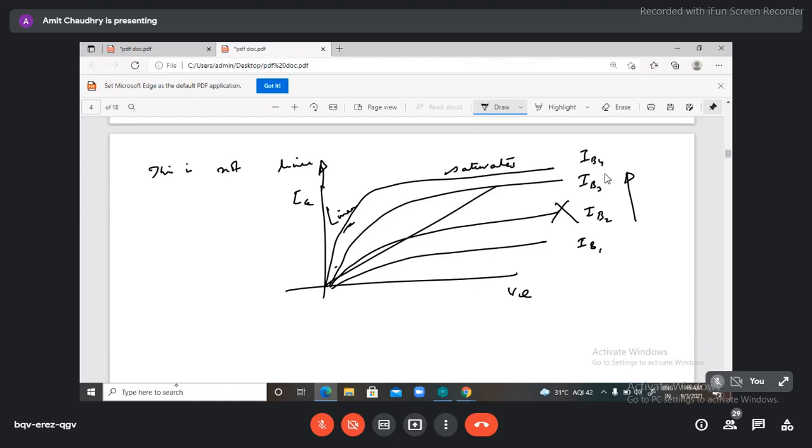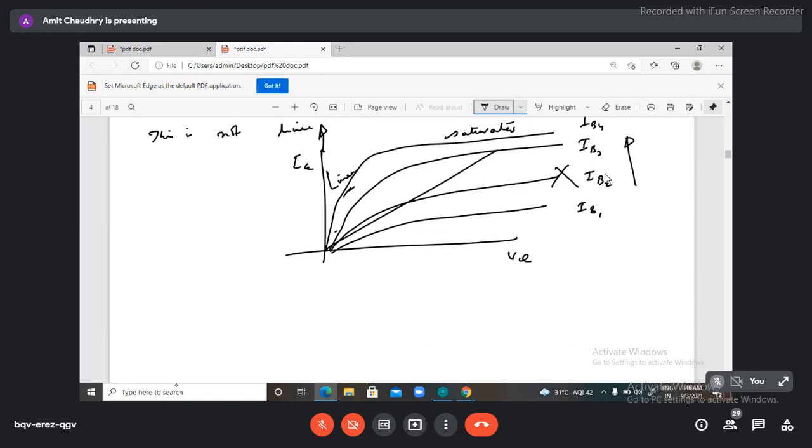With increasing base current, the collector current rises. What is this all about? Now, how to increase base current? To increase base current.